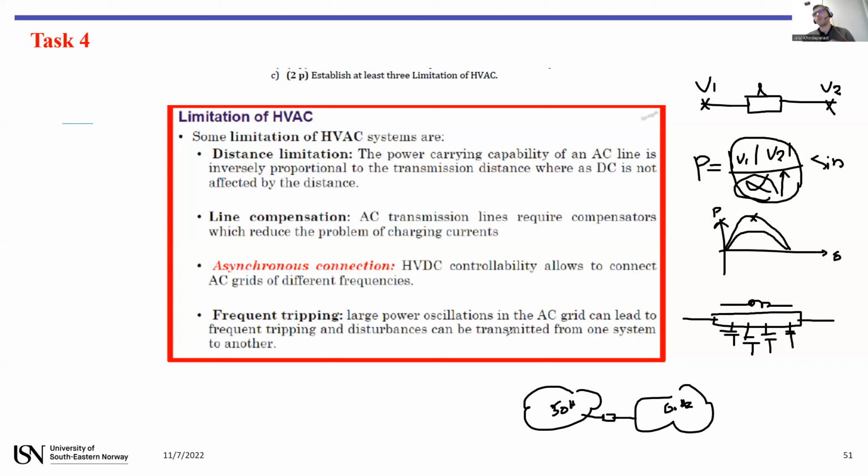And the last one, the large power system oscillation from one power system will be sent to another power system. With the HVDC, you can decouple two power systems, so if you have a disturbance in one system, the other system will be safe.